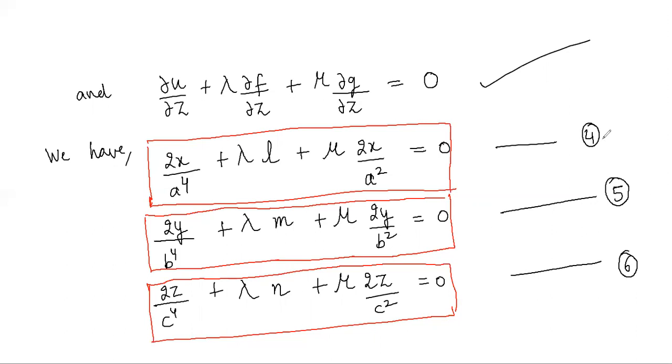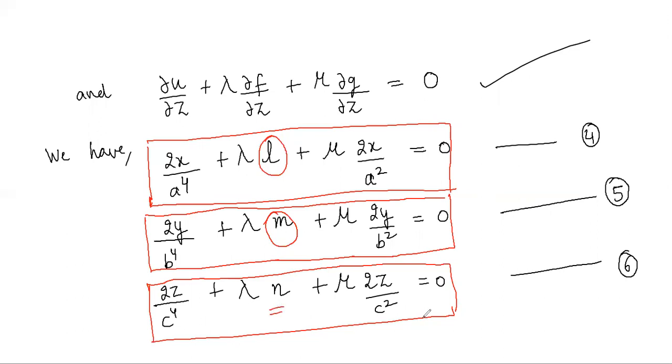Now, if we see these equations 4, 5, and 6, if we multiply equation 4 with x, then this term will become Lx. If you multiply equation 5 with y, this term will become my. And if you multiply equation 6 with z, this term will become nz.